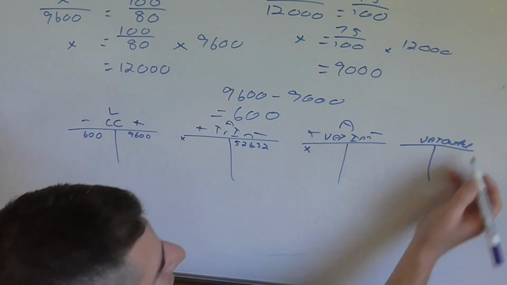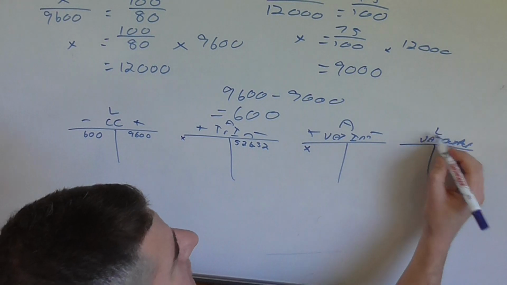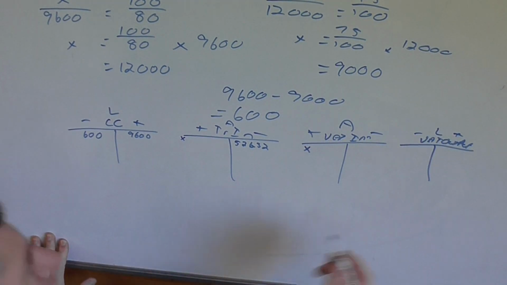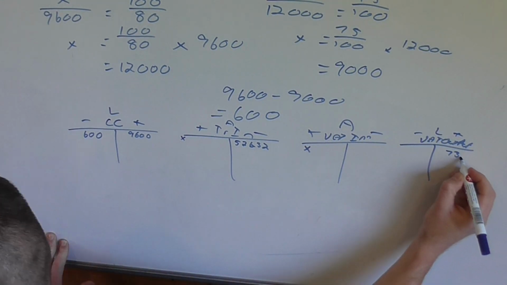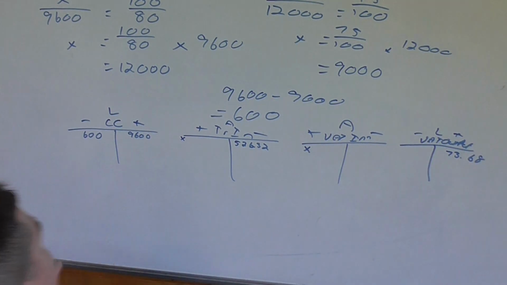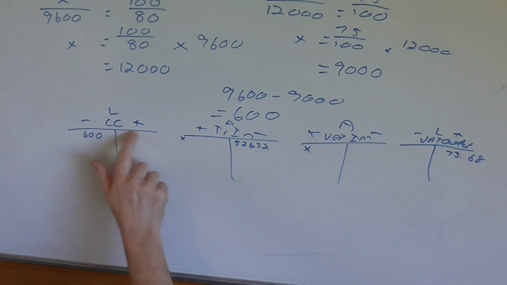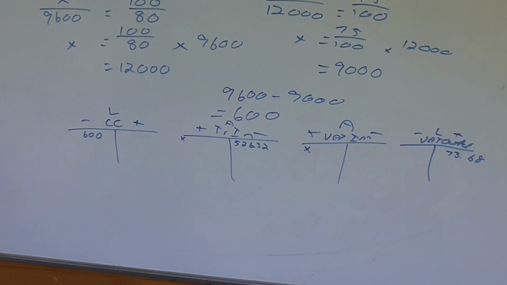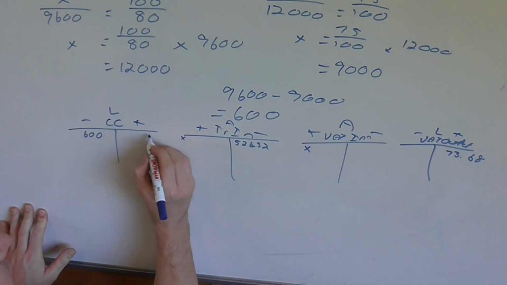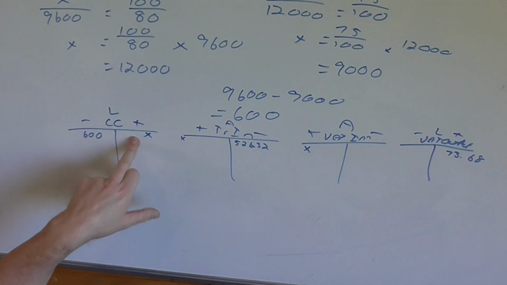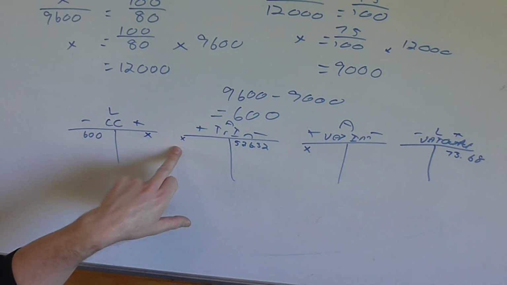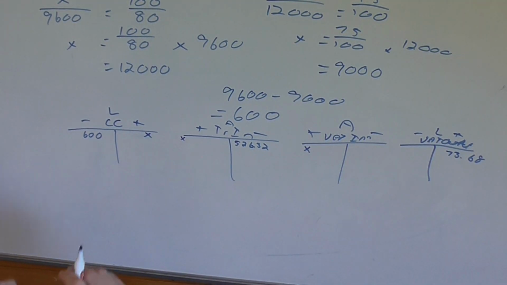Don't forget that. Your VAT output is always a credit. It's a liability, minus plus, and the VAT amount is 73.68. So let's look at that again. In the original transaction, your creditors control gets credited, your trading inventory gets debited, your VAT input gets debited. So we have to subtract the 600 to get to the 9,000.